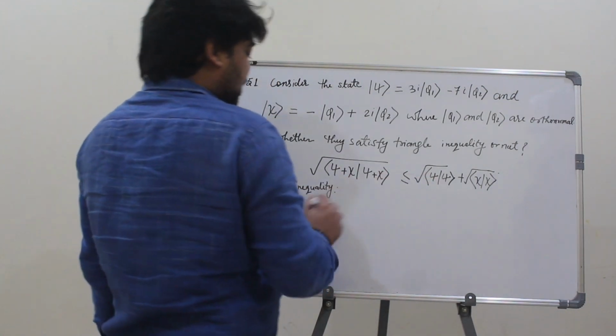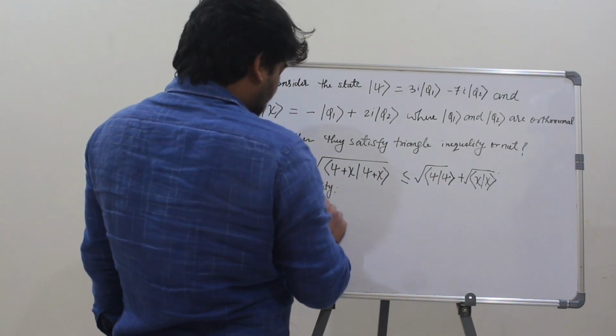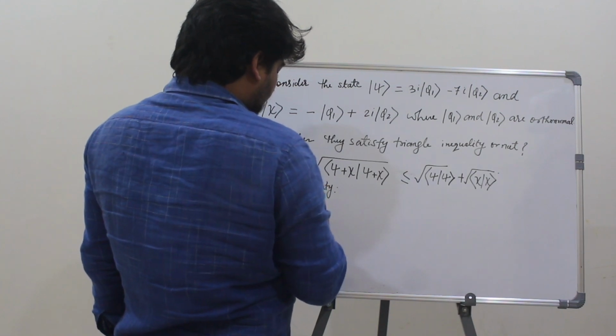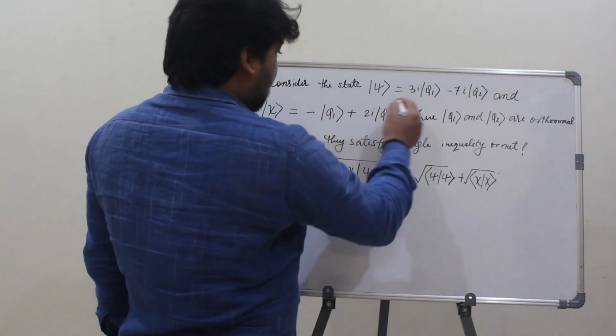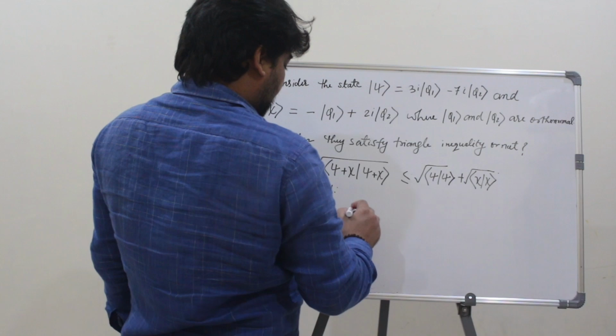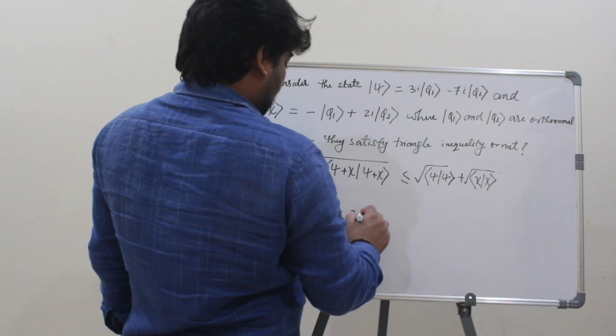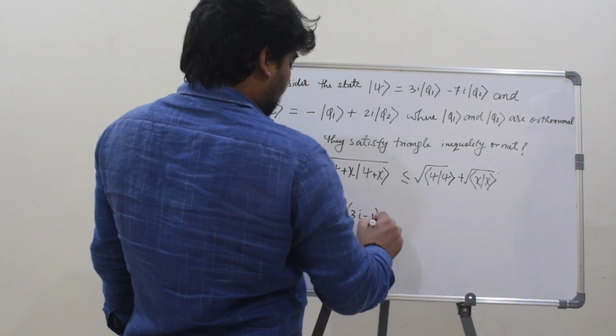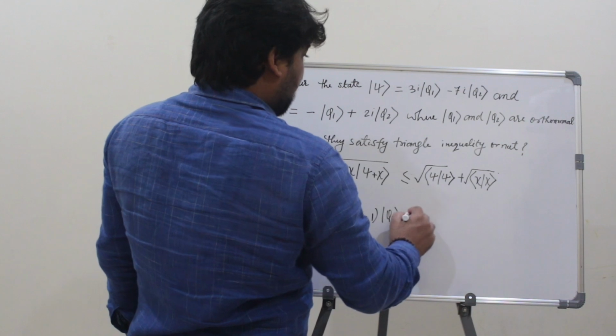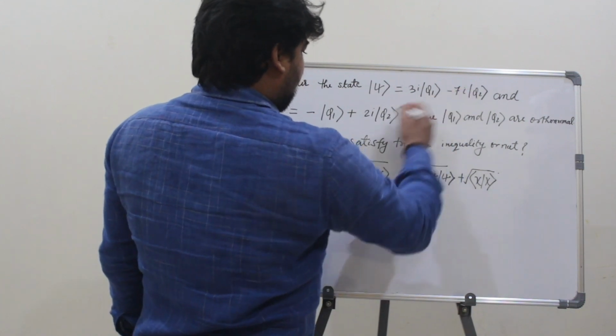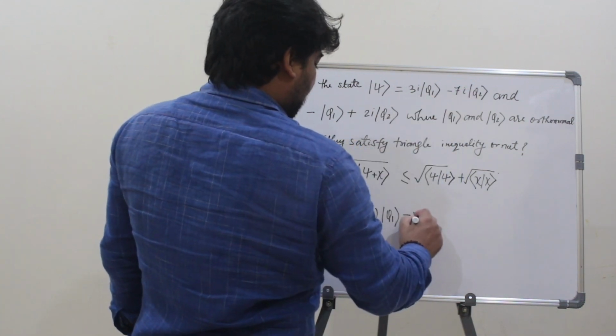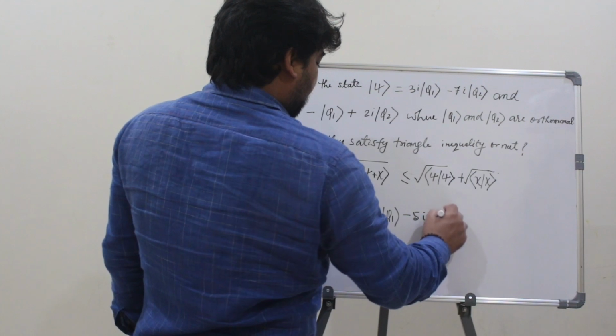So first we will calculate psi plus chi. Psi plus chi is 3i minus 1 times phi1, minus 7i plus 2i, or minus 5i, times phi2.